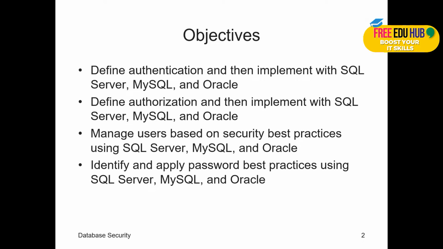The objective of this chapter is to define authentication and implement it in SQL Server, MySQL, and Oracle, define authorization and implement it, and manage users based on security best practices in order to protect the data on our databases.